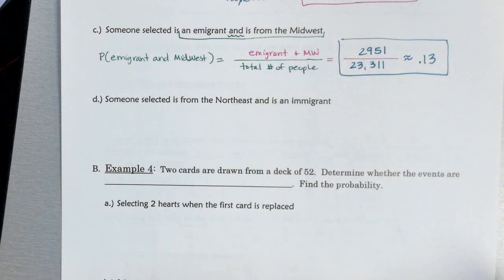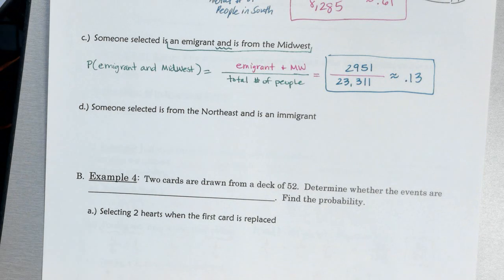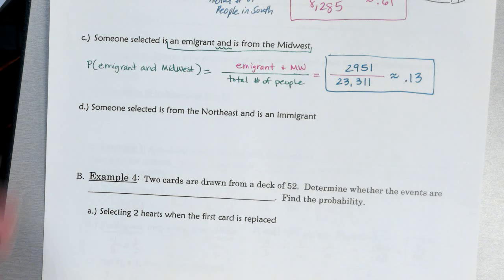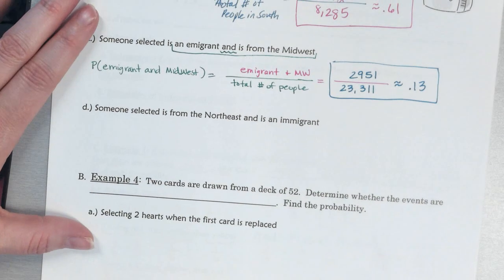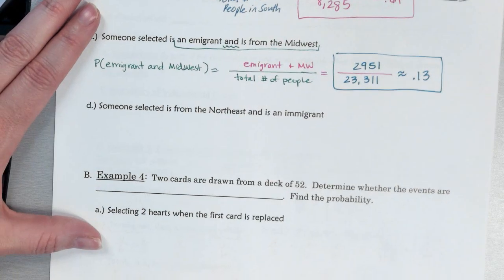Okay, so let's look at D. Is D more like B or C? Let's look at the language. So someone selected is from the Northeast and is an immigrant. What do we think? Yeah, it's more like C, right? What's a key word that's in C and D? That and, right?